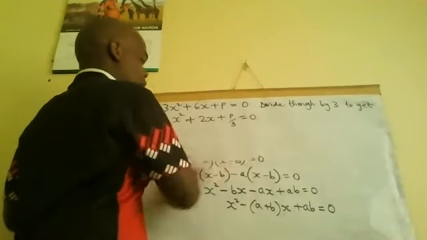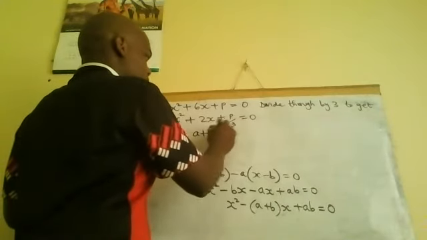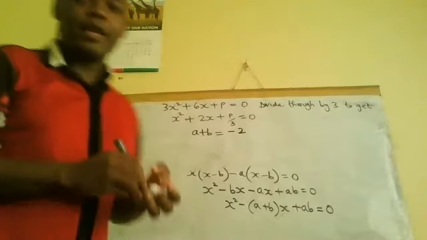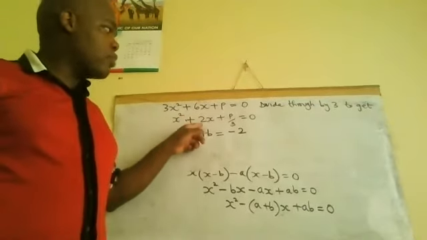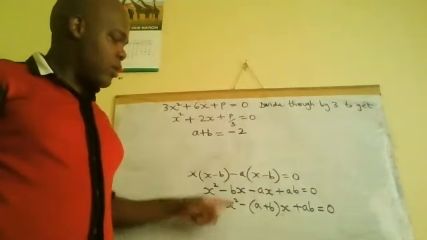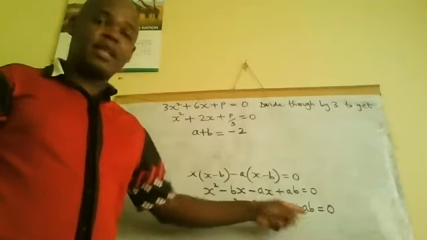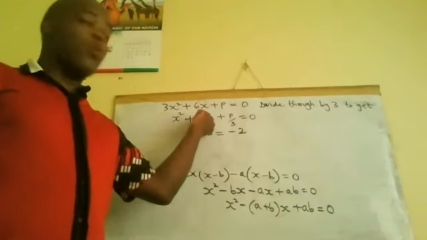I'm saying that if you compare x squared plus 2x plus p over 3 with x squared minus (a plus b)x plus ab, then the negative of a plus b is 2.